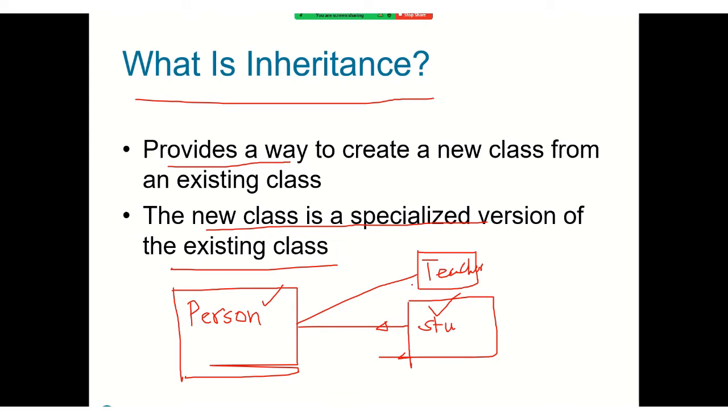They have a supervisor, for example. They can have other things, like a payroll. Student can have a student account. Teacher can have a payroll object, and so on and so on.